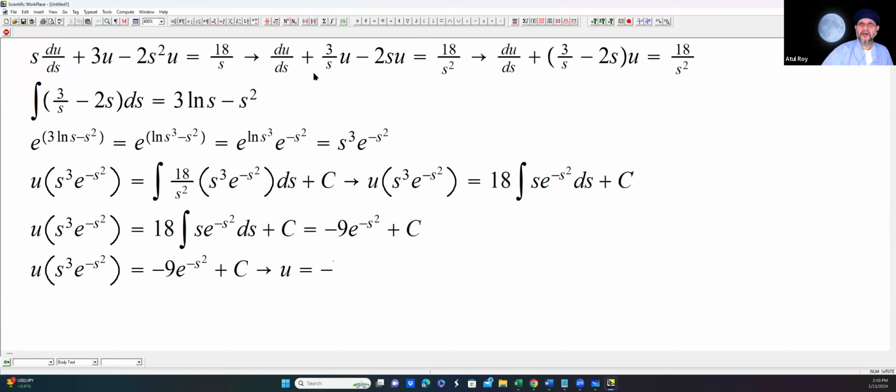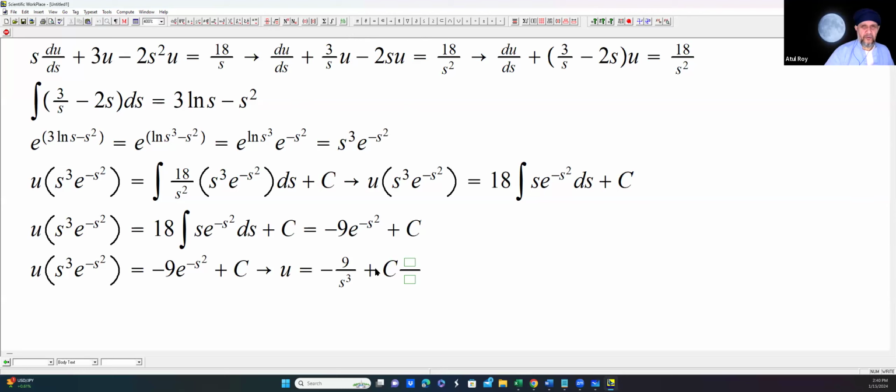Make sense? So what would I have? Negative 9 over s cubed, right? Negative 9 over s cubed, and then plus, I'll have a c here, right?